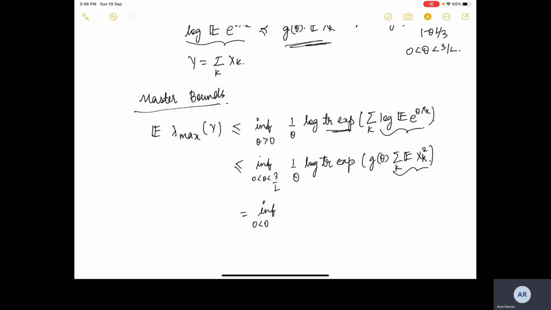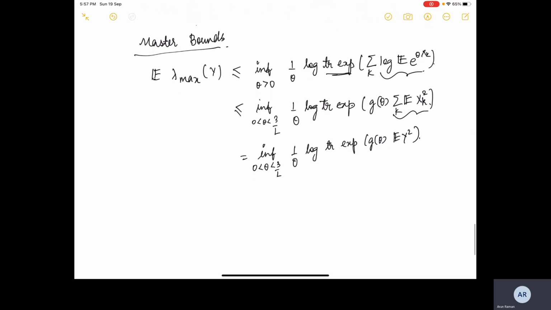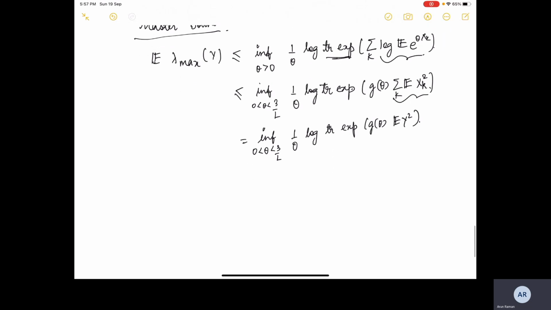Infimum over theta of again log trace exponential g theta expected value of Y square, where we defined Y as the sum of Xk's. These are independent, so when we compute Y square and multiply out all the terms, the cross terms cancel out because they are independent and zero mean. Then we use another step which was there in Chernoff as well.